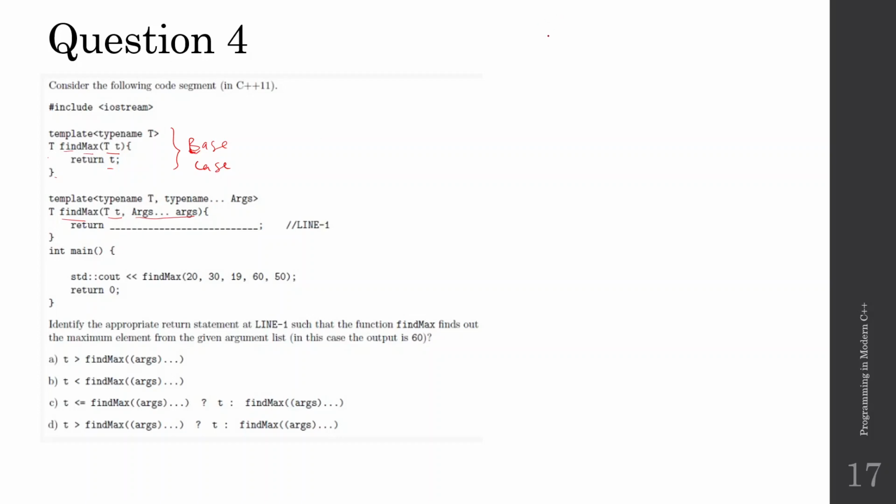If you have a list, let us say 1 2 3 4 5, and you had to find the maximum recursively, what you can do is find the maximum of the rest of the list and compare it with the first element, right?